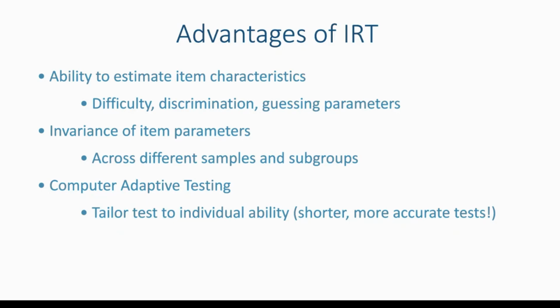Another major advantage of IRT beyond other techniques like classical test theory is that we can use IRT as the engine, once the items are calibrated, for developing a computer adaptive test, that is, tailoring the items given to a respondent on a computer-based test to their ability level. As an example, real briefly, David and I could be given the same computer adaptive test. We both start with the same 5 items.